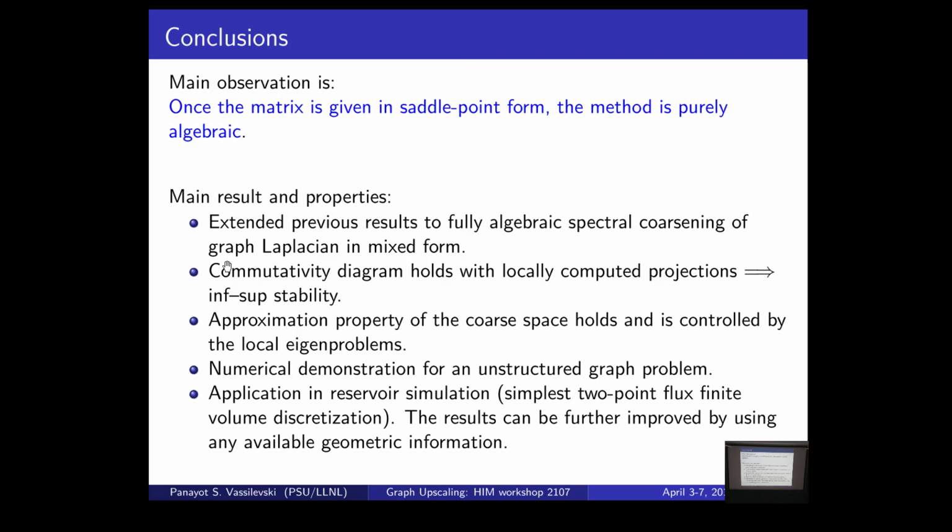Other than that, the method is totally automatic. If in this application, of course, there is geometry, you should use it. I mean, I'm not married to the algebraic methods per se. You can use geometry because it helps a lot. You can come up with much better partitioning and things like that.